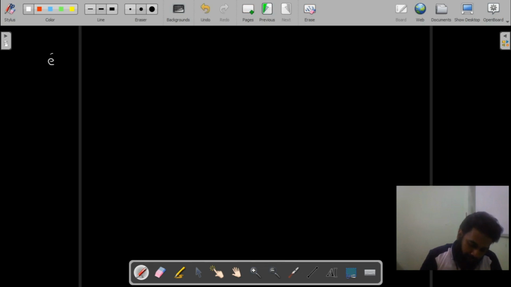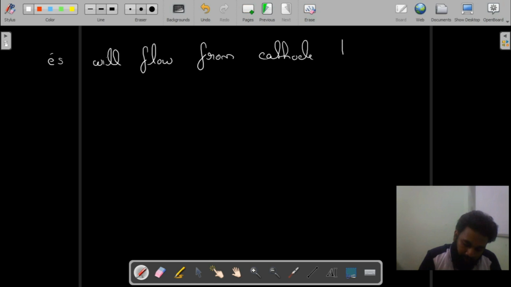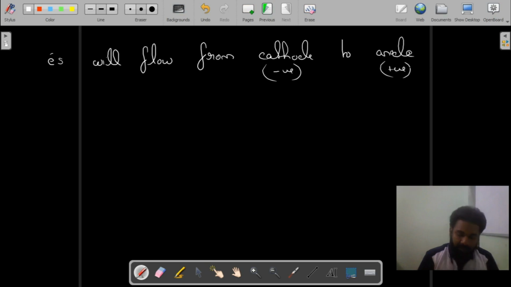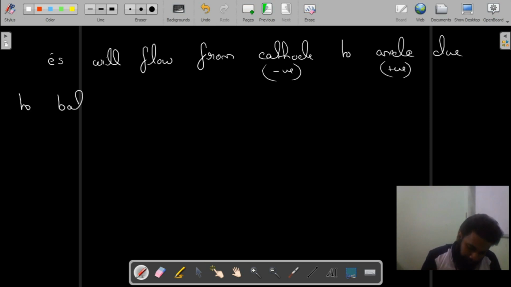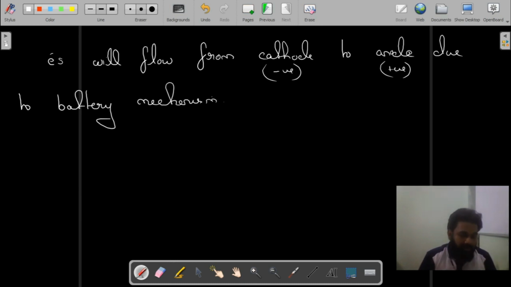Okay, electrons will flow from cathode to anode. So this cathode is at a negative charge and the anode has a positive charge, due to what we call the battery mechanism. This is done by an electrochemical reaction.